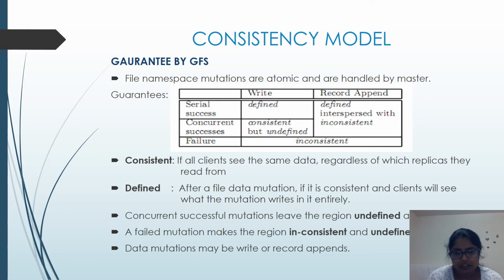Instead of starting to write on a fresh chunk, they add the data to already written data. After a sequence of successful mutations, the mutated file region is guaranteed to be defined and contain the data written by the last mutation.